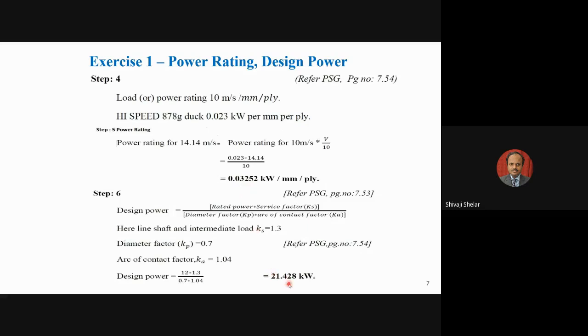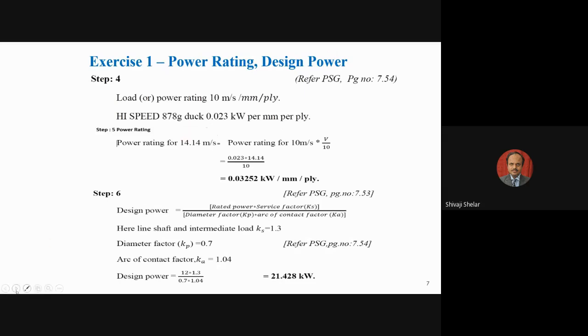Now your design power is this much, so you need to calculate the width and number of plies depending upon the specification of per ply and per mm, and what is the total design power to be transmitted. So you need to correlate to get the width as well as the number of plies there.